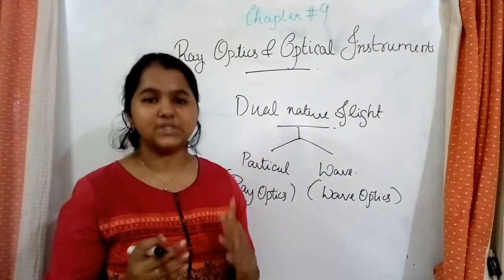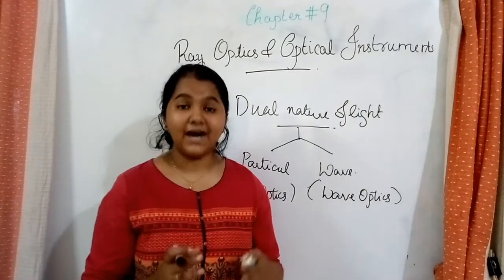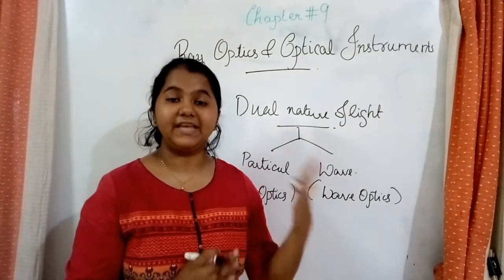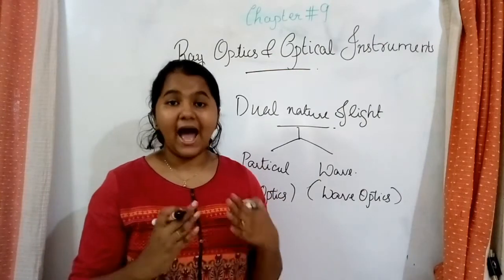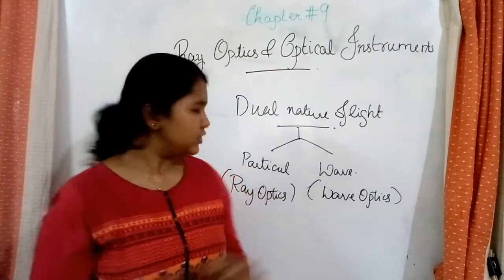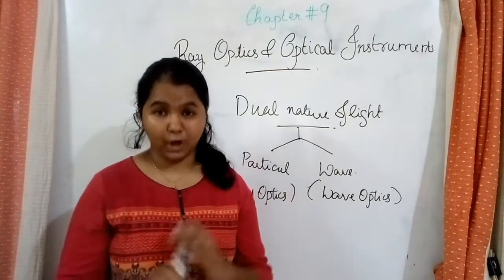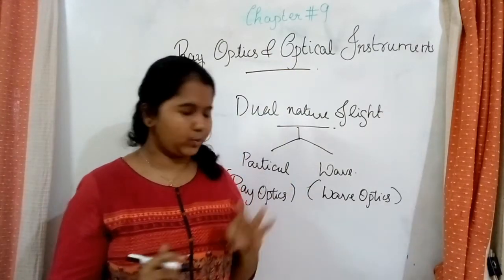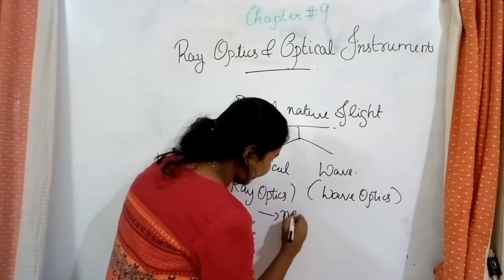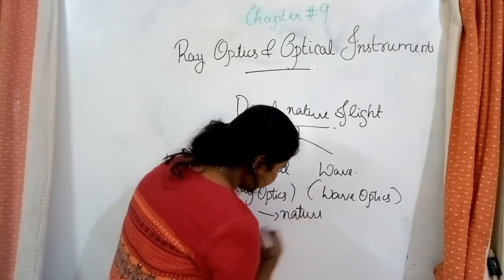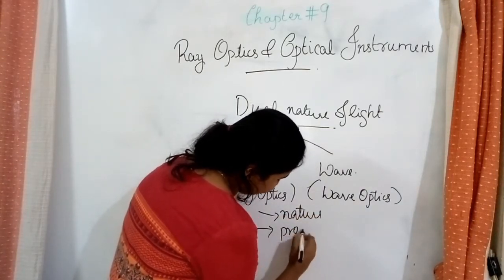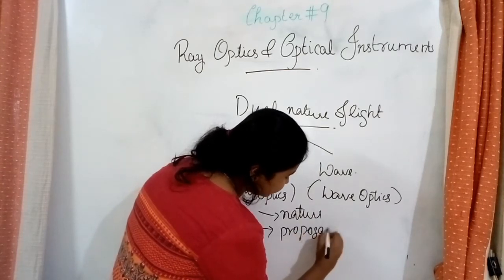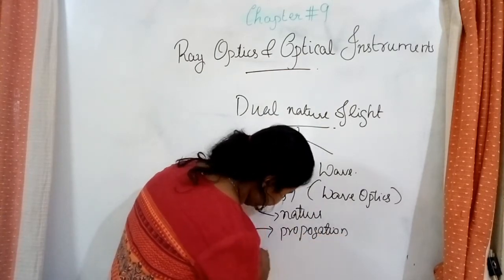By the way, what is optics? Optics is a branch of physics that deals with the propagation, the production and nature of light. So the definition of optics is that it's a branch of physics that deals with three things: the nature of light, the propagation of light, and the production of light.